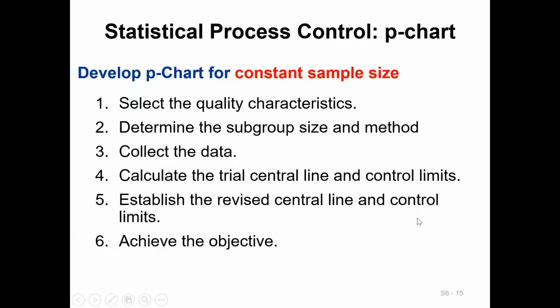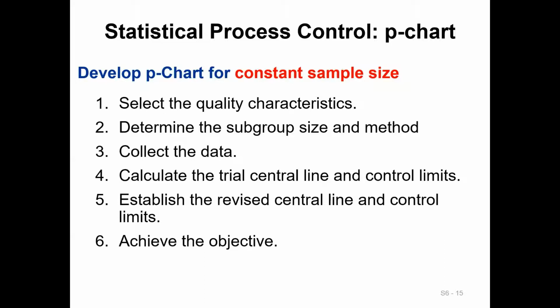All right. So the process of developing a P chart as well as an NP chart is quite similar. We go through the same steps that you follow when developing X bar R charts. You have to select the quality characteristic, determine the subgroup size, and collect the samples. This sounds very familiar. I'm not going to take you through it because we have gone through this when we were discussing X bar R charts.